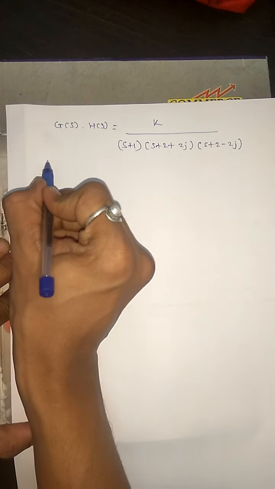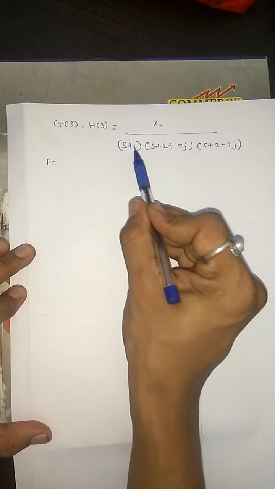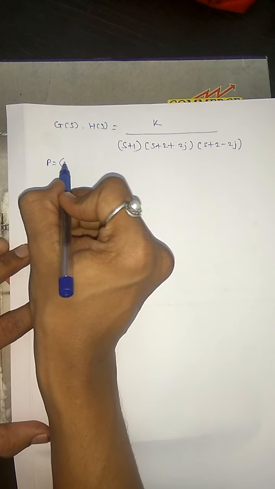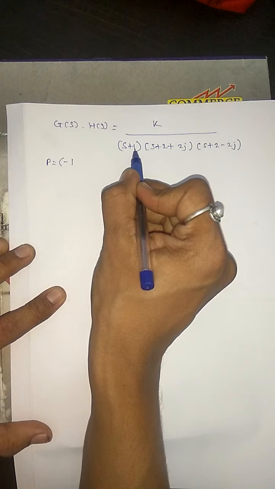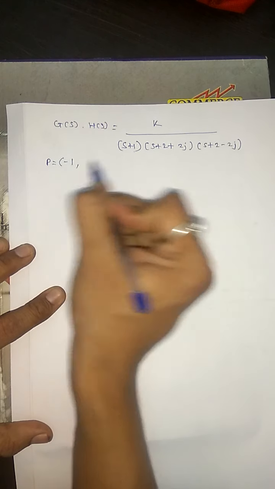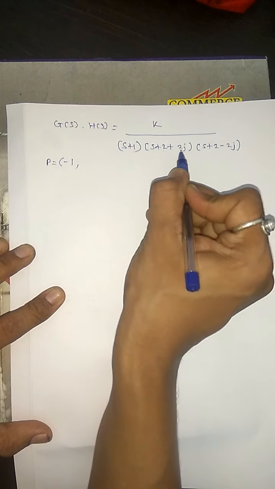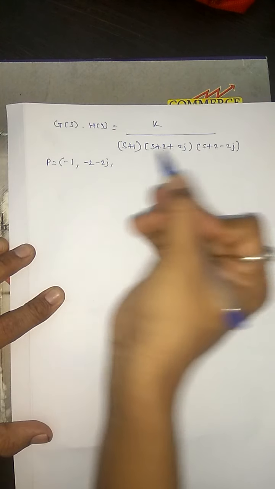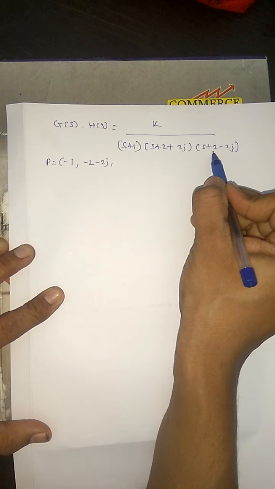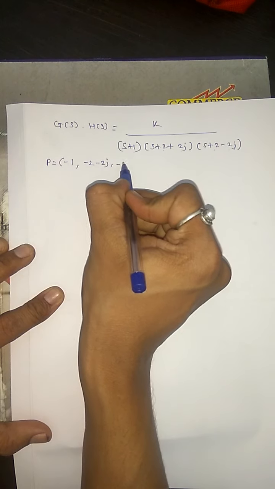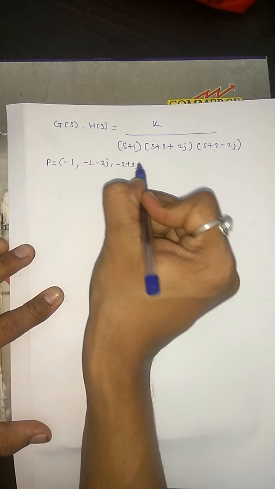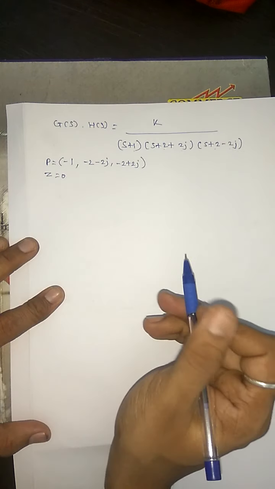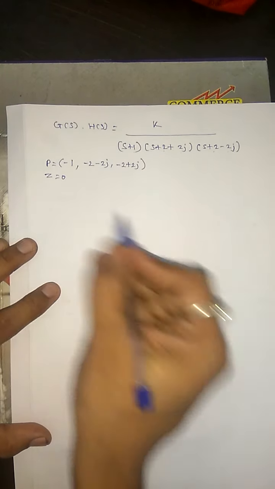So basically we have three poles, and the values of the poles are: s plus 1 equal to 0, so s is equal to minus 1, then s equal to minus 2 minus 2j, and the third one minus 2 plus 2j. And we do not have any zero here.